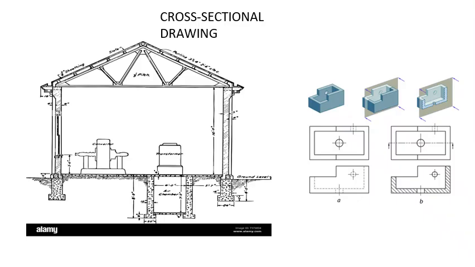So cross-sectional drawing, as we can see there, it shows us this cross-section through a building, showing us the foundation, showing the thickness of the wall. It shows us the roofing materials, what has been used. On this other side, we can see an engineering drawing where this object has been sliced.